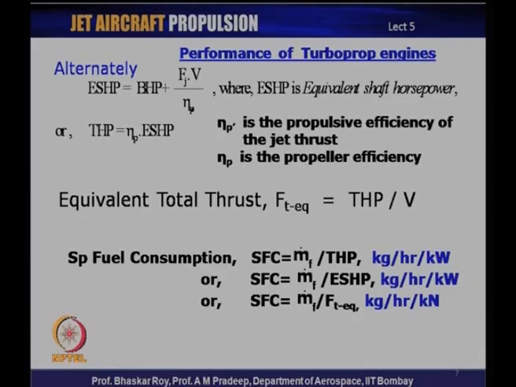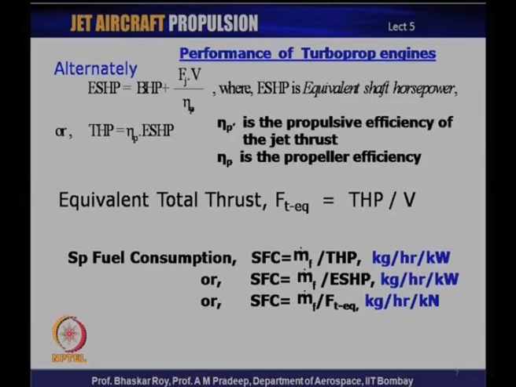Actual value, as you can see, would be slightly different, and it is possible also, if you wish to, to express it in terms of m dot f by F t equivalent, in which case the units would be kilograms per hour per kilonewton. All three possibilities exist.